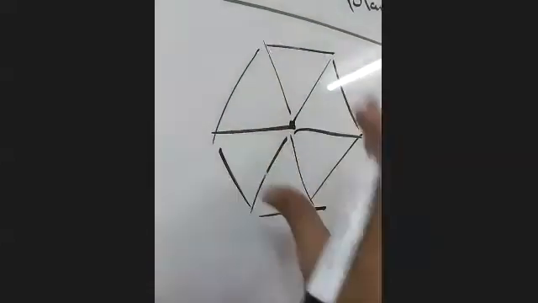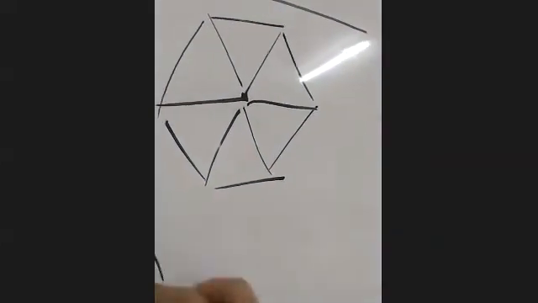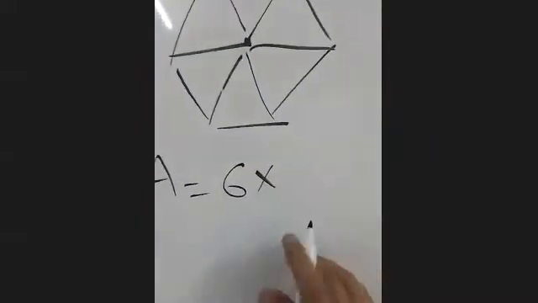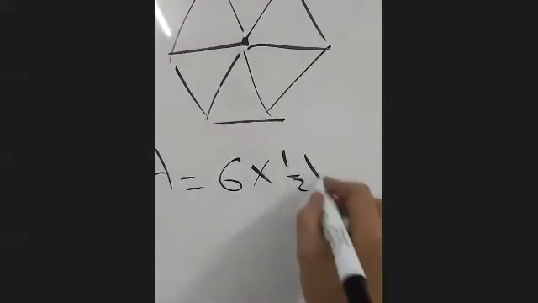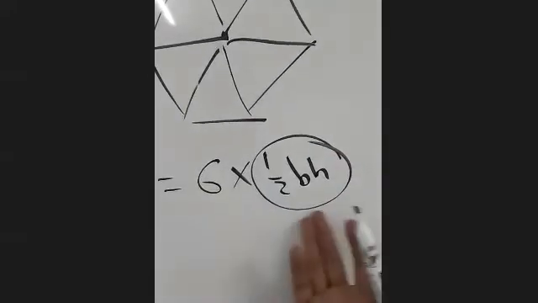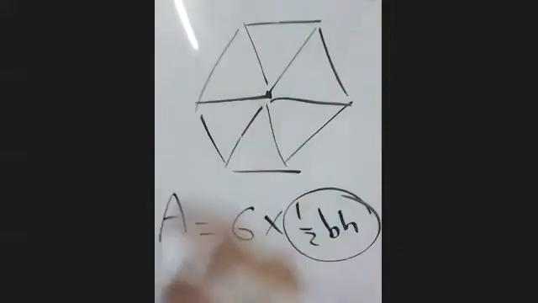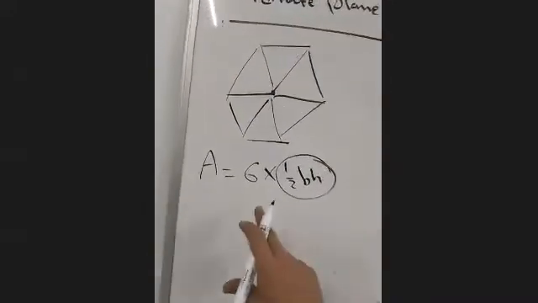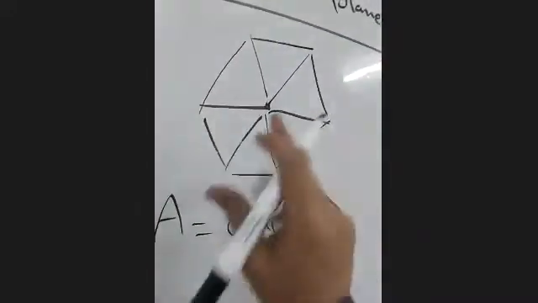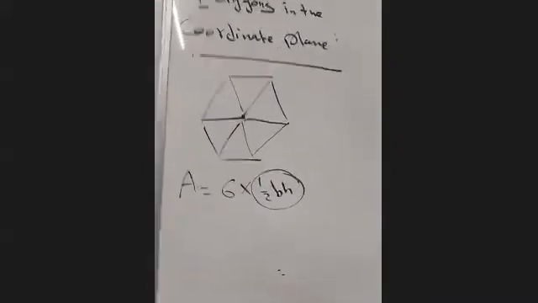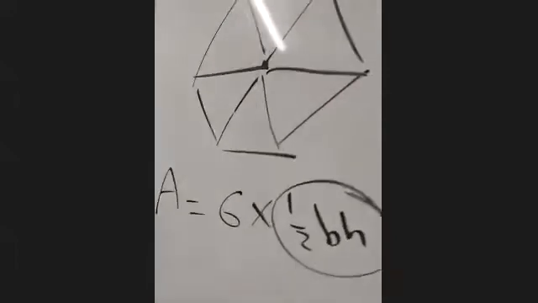To find the whole area of the polygon, we say A equals 6, because we have 6 triangles, multiplied by half PH. Half PH is the area of one triangle. Then we multiply by 6 because we have 6 congruent triangles. This is what we did in the previous lesson, and I think we did the homework, we did everything.